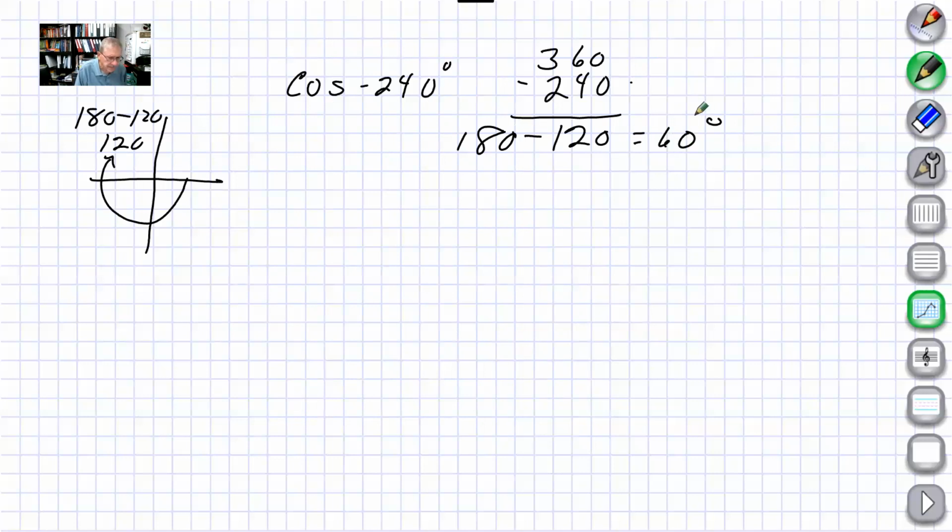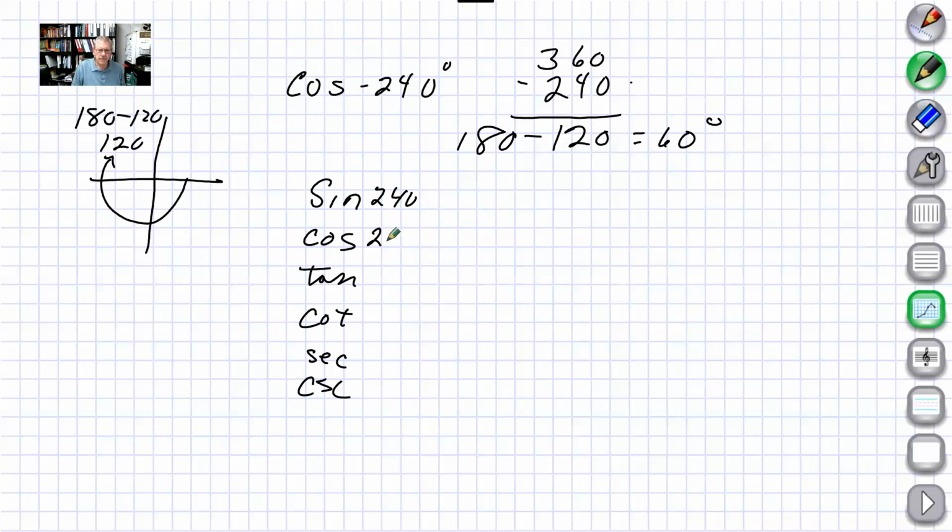Now we can find them all, okay? But in this quadrant, sine, cosine, tangent, cotangent, secant, cosecant. And this is 240. Let me try this cosine.